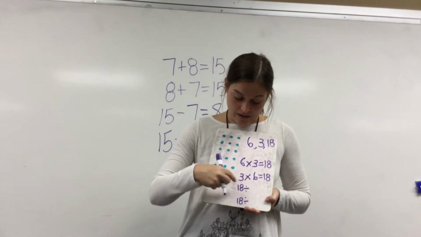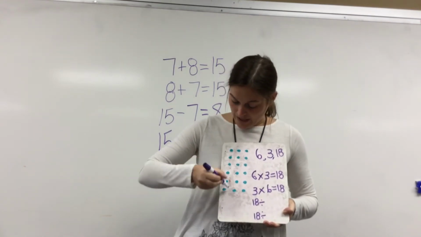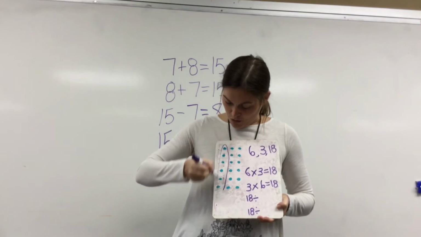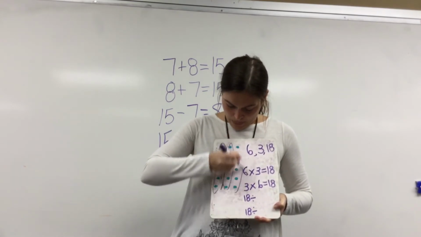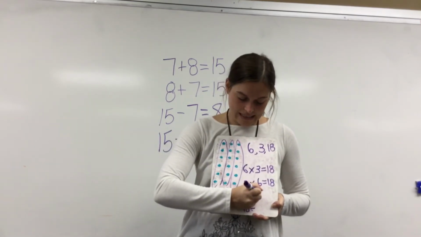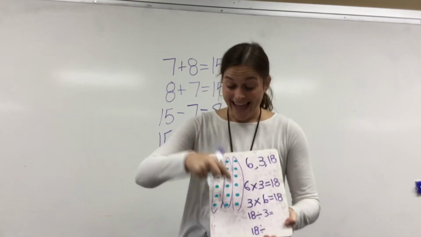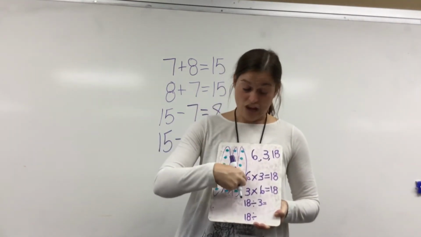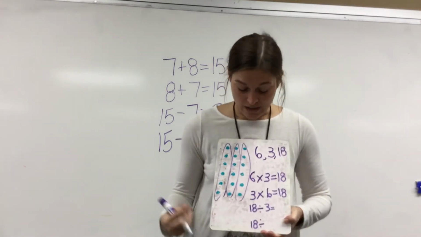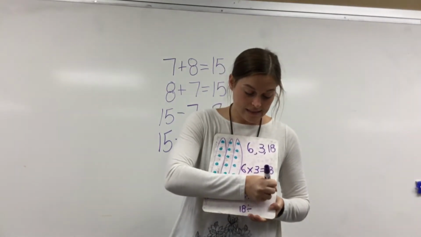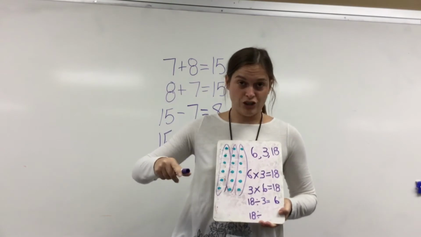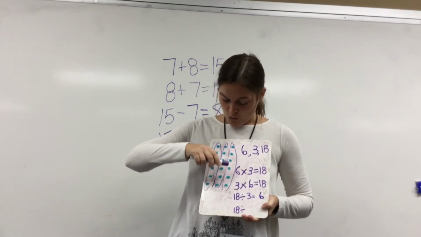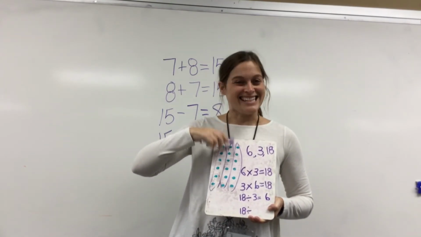For my first one, let's take 18 and put it into 3 groups. How many do I have in each group? Well, it should, since it's a fact family, be 6 in each group. Let's check to make sure. 1, 2, 3, 4, 5, and 6.